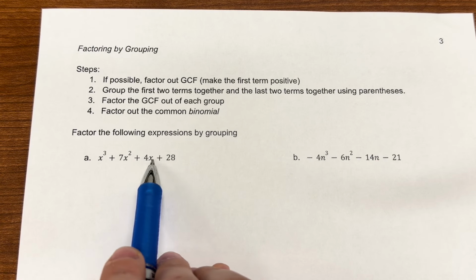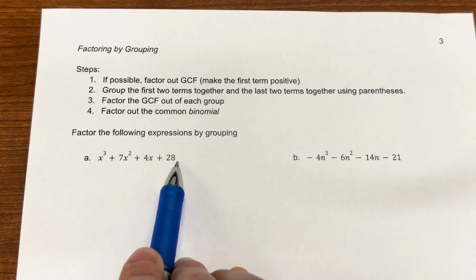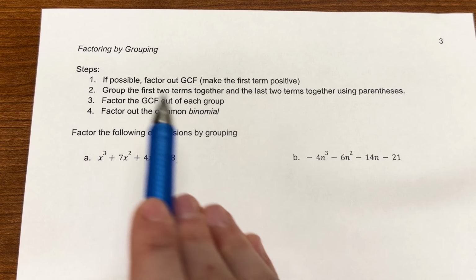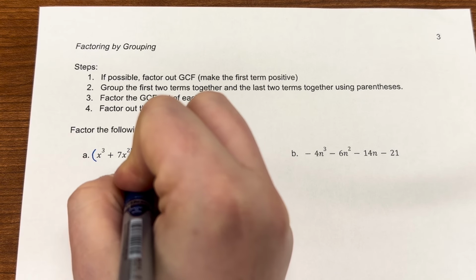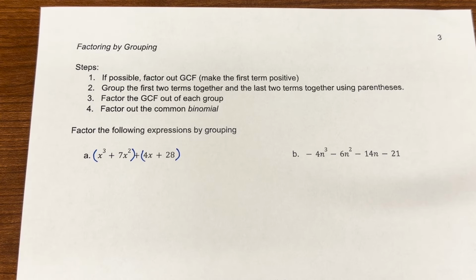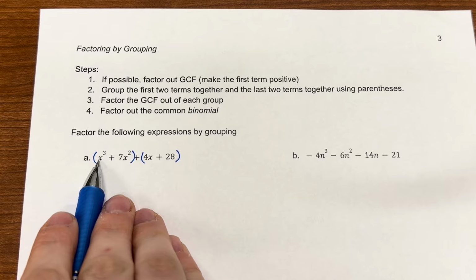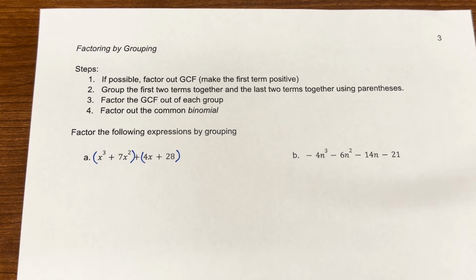And our variables, we don't have a GCF because there's no x here. Group the first two terms together and the last two terms together using parentheses. So our first two, x cubed plus 7x squared.